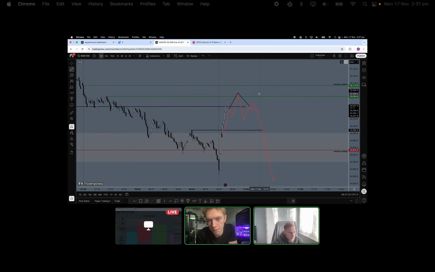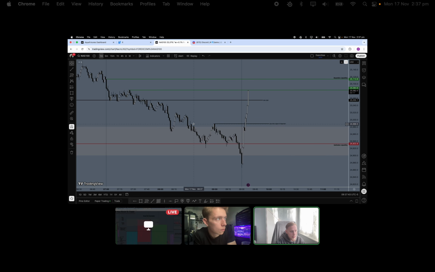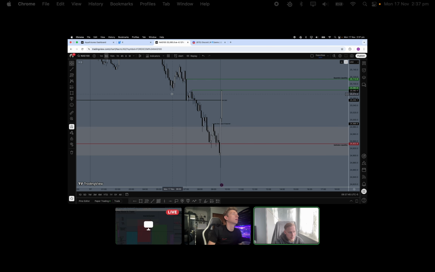That'd be the SMT. And then as we retrace into here, we look for the exact same pattern, CSD, SMT, and then you could probably enter on this leg here, and there's probably going to be a gap. We can read order flow and see what bias is.